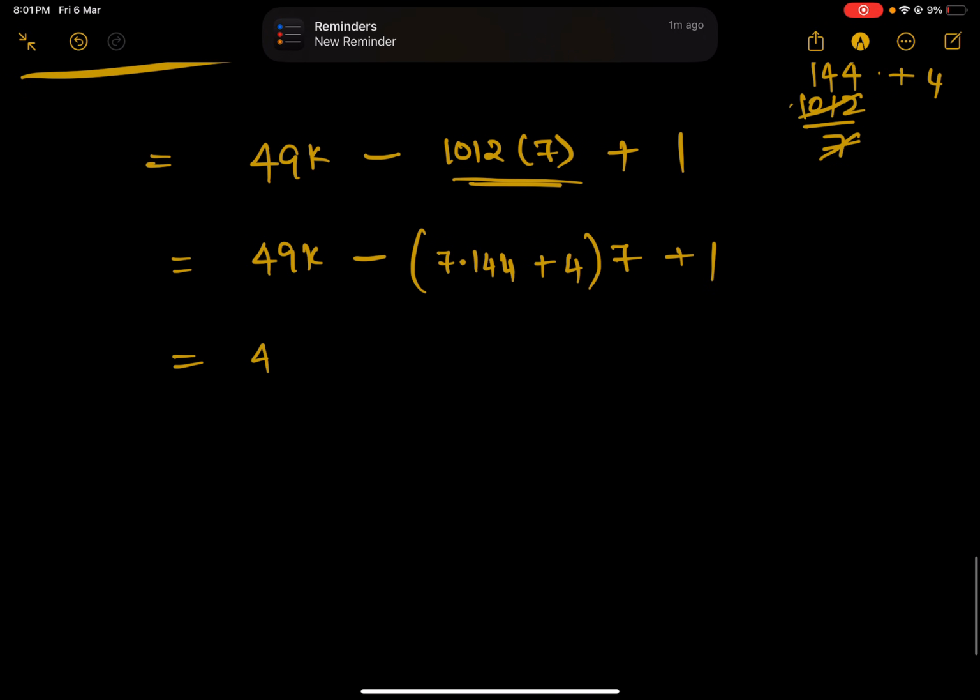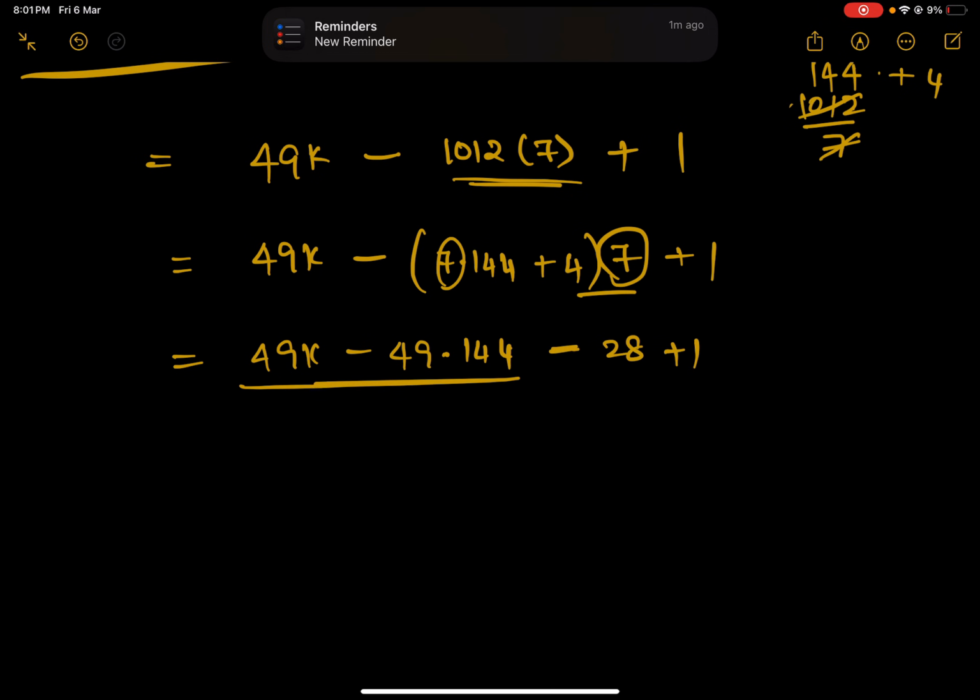So now this is 49k minus, this 7 and this 7 will be 49 multiplied by 144, minus 28, plus 1. Again this can be written as some 49p minus 27.